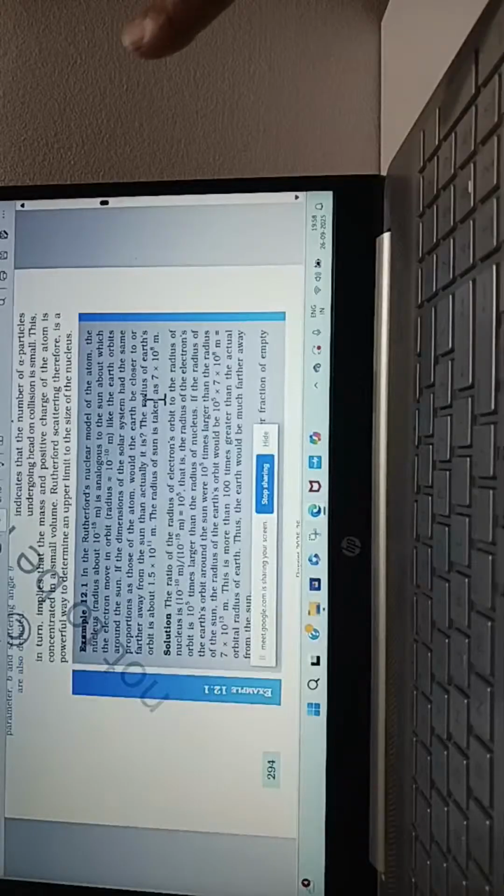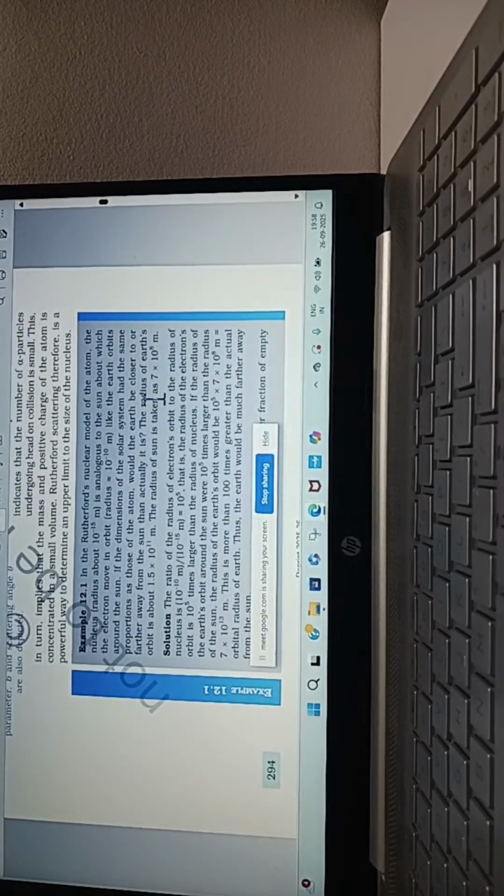Gravitation. In the same manner electrons are revolving around the nucleus. If the dimensions of the solar system were in the same proportion as these atoms, would the earth be closer or further away from the sun? So 100 times it will be closer compared to this.